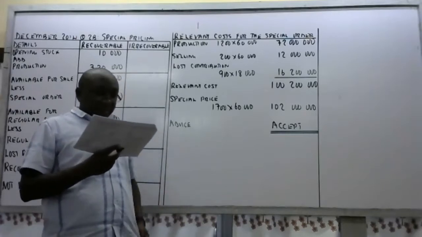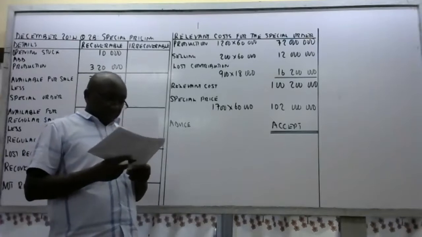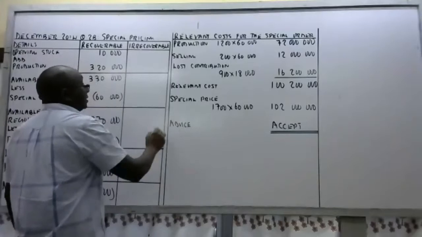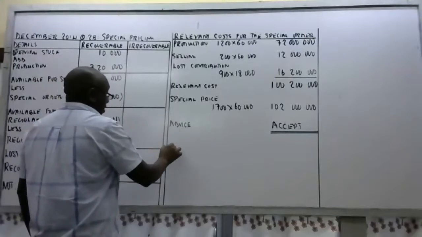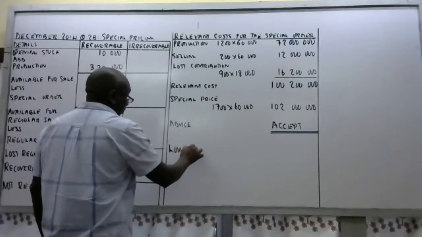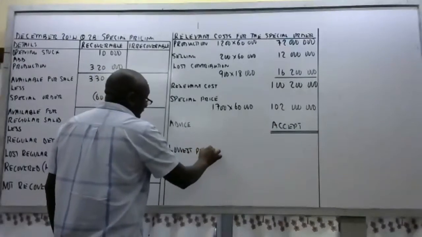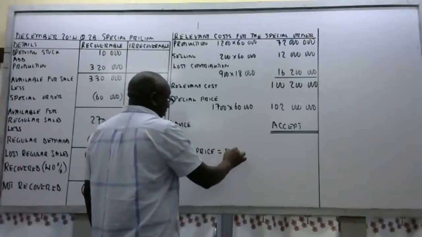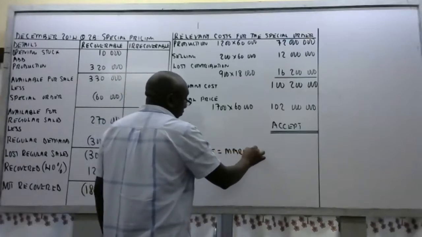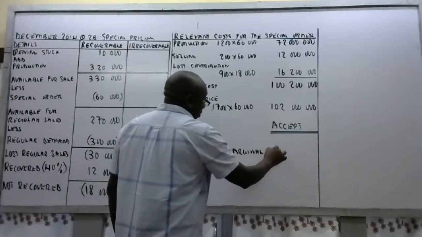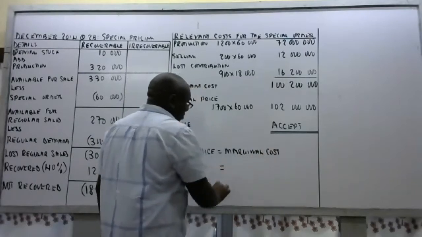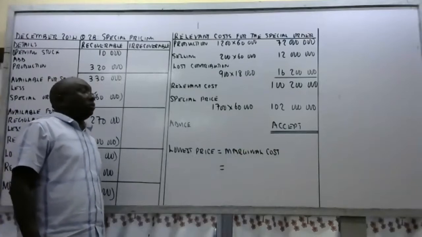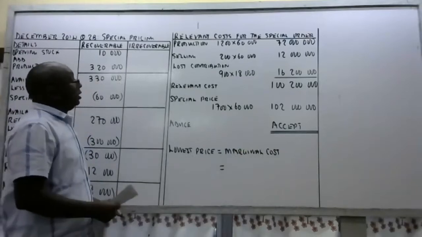Now, the lowest price we have always said should be equal to the marginal cost.